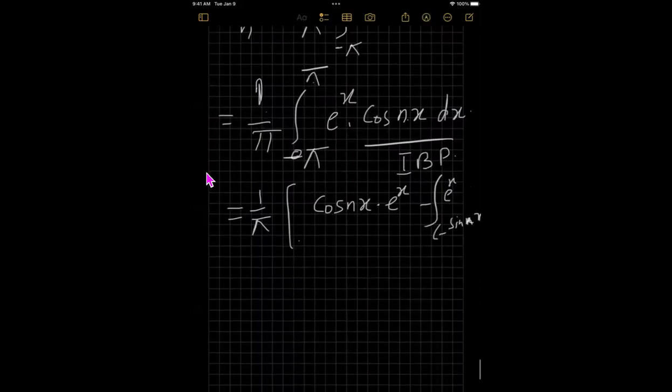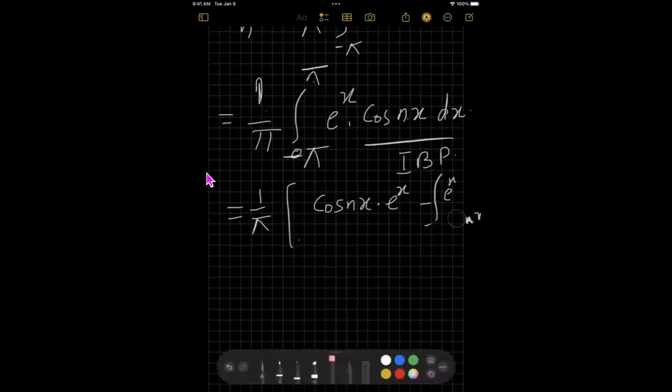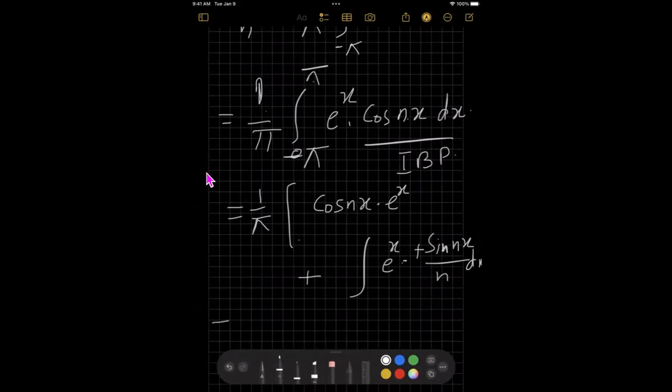So let me write it on the new line. So this is minus e^x dot minus sine of nx over n dx. So this minus will become plus. And here we have minus pi to pi.